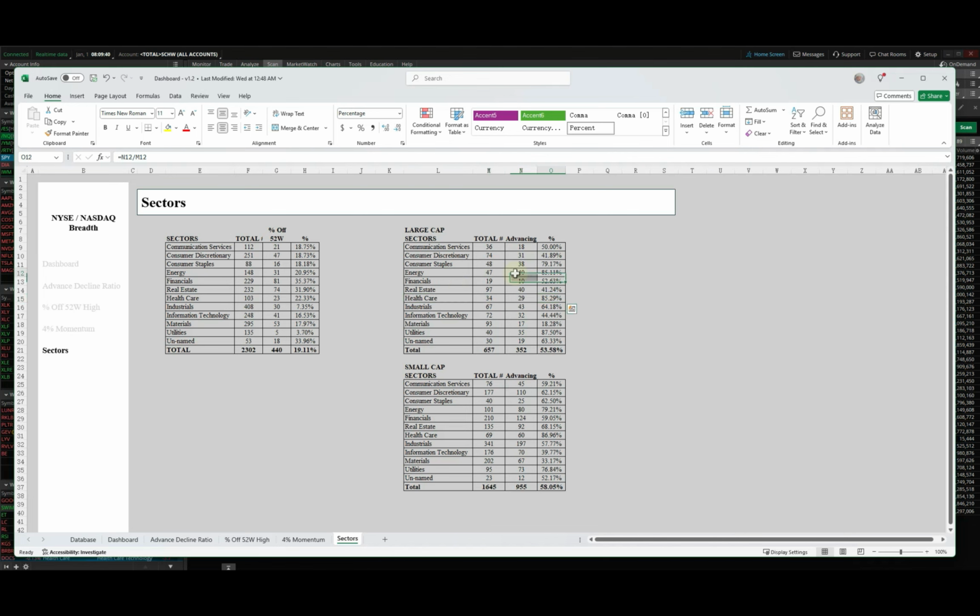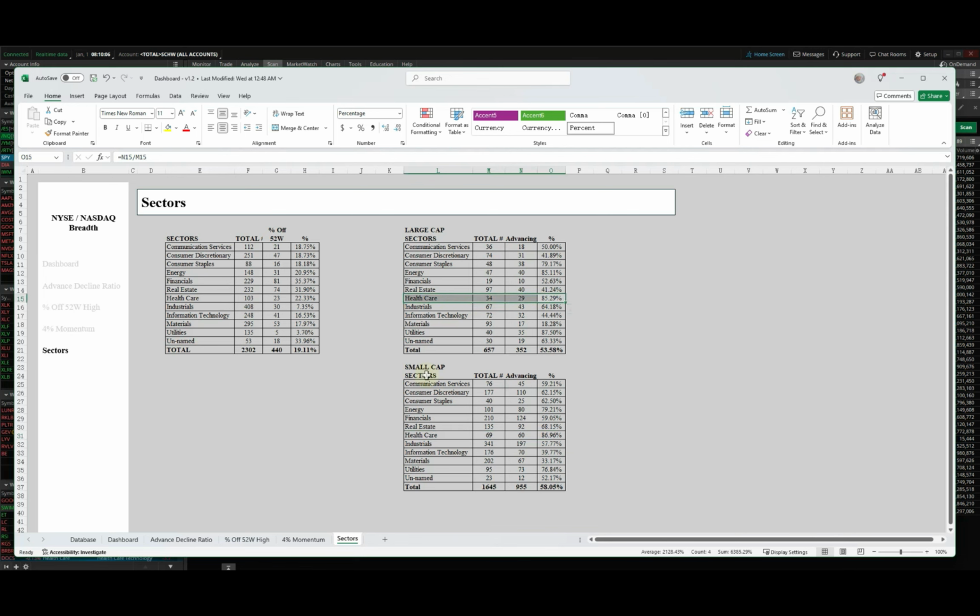So today energy and healthcare were advancing the most in large cap, and the lowest one we can check. This is healthcare 86% and here healthcare 85%.